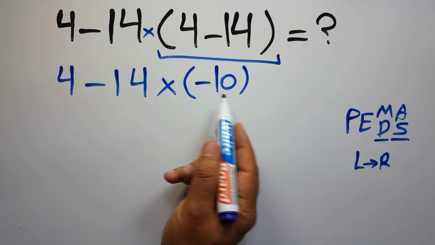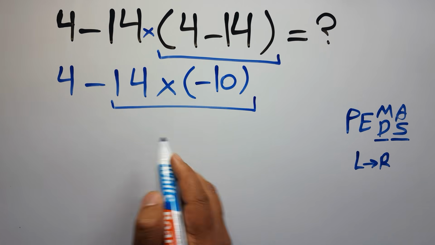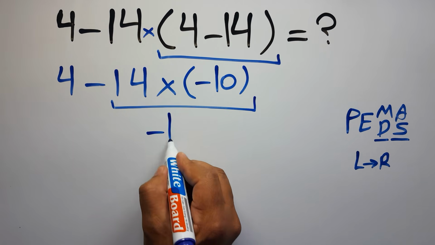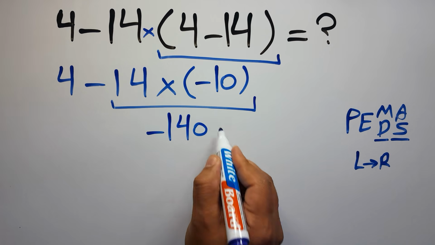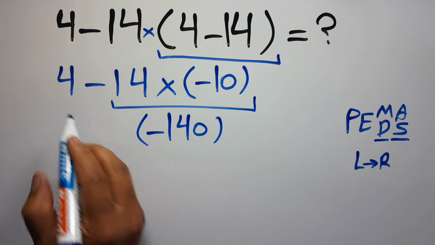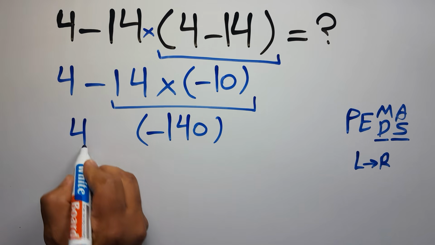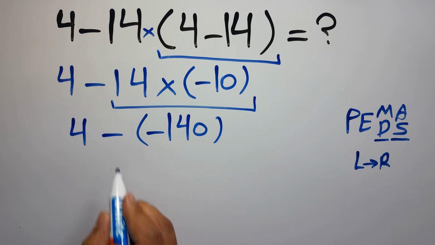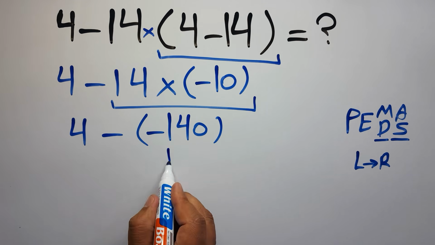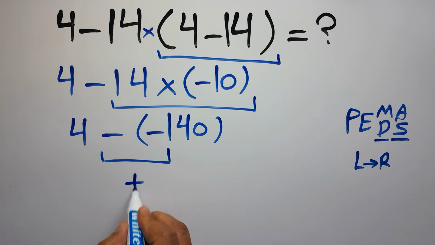14 times negative 10 gives us negative 140. So we have 4 minus negative 140. Now, negative times negative gives us positive.